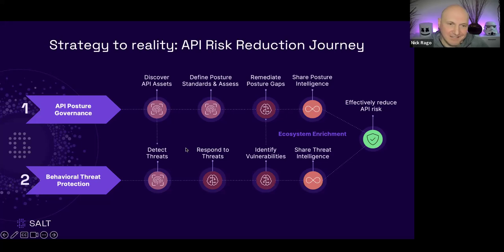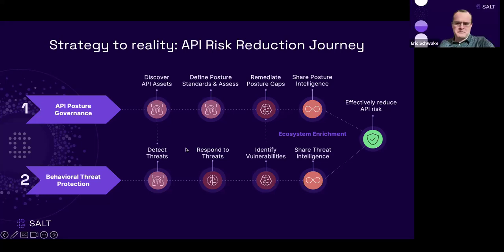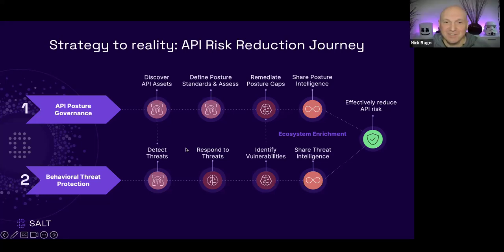So we purposely as a company did not go down the testing path and build a testing framework because it is pretty tribal in a lot of organizations in terms of the testing technology and the frameworks that are used. What we've done is we've partnered with all the major testing companies that are out there from a feature function integration standpoint, so that we have the ability to share the posture intelligence.